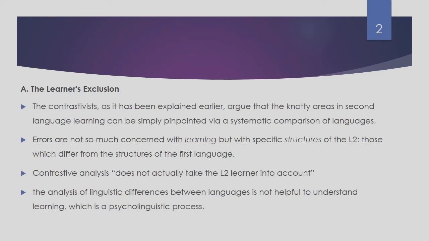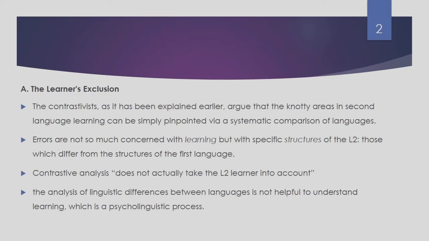In other words, errors are not so much concerned with learning, but with specific structures of the second language, those which differ from the structures of the first language. Here, before teaching the learner and before testing his performance, errors are expected to occur. On this basis, it is said that contrastive analysis does not actually take the L2 learner into account.